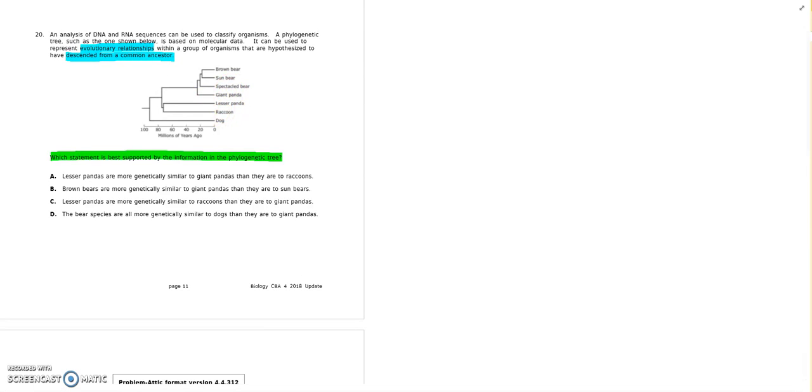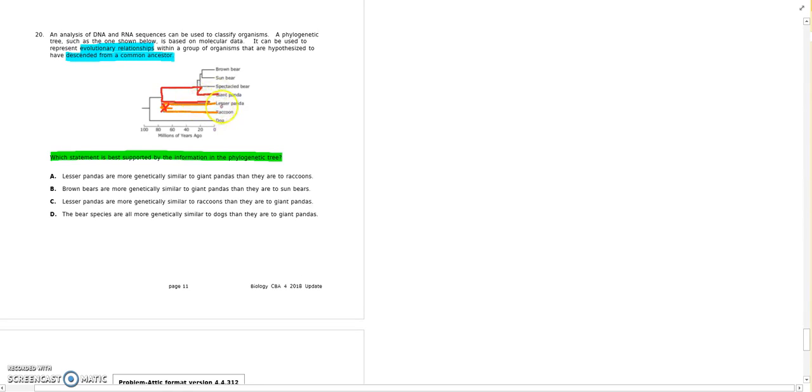Looking at this, I can trace, if I'm looking at lesser pandas and raccoons, I can trace down here, and I know that they share a common ancestor right about here. But with the giant panda, I have to trace all the way through here and then branch back around.